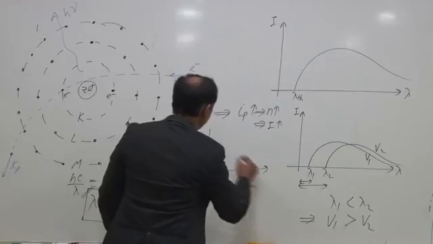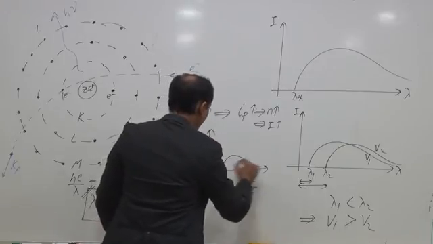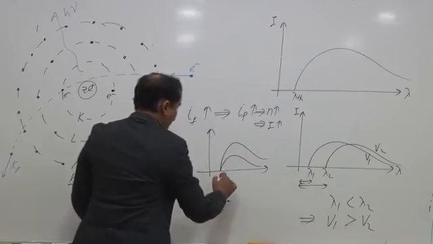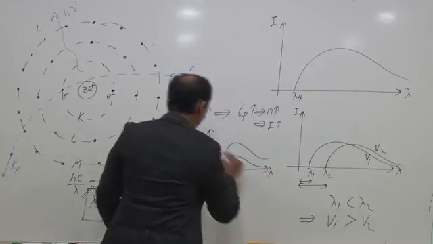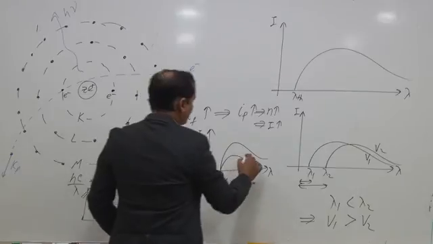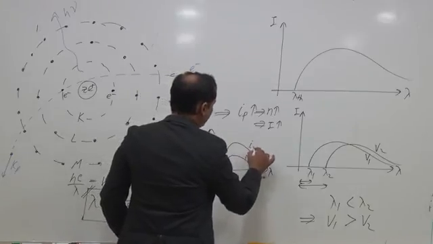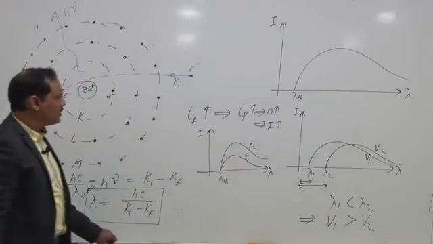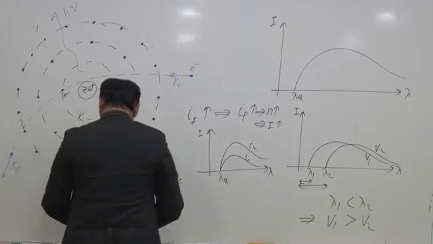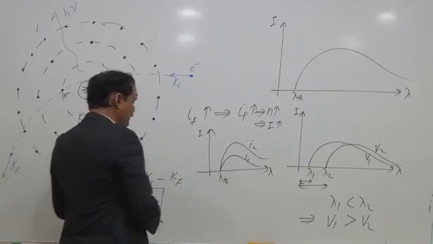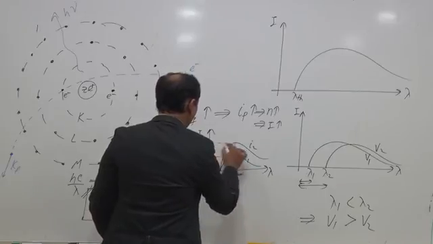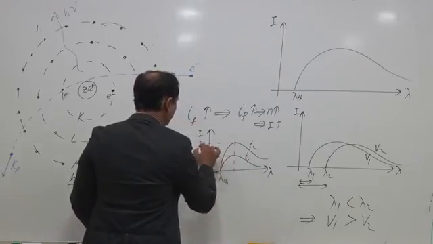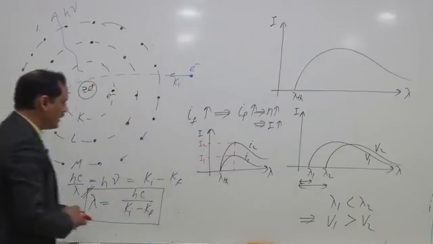So if we change the filament current, if I plot two graphs, this is lambda TH, this is lambda, this is intensity I, this is filament current I1, this is filament current I2. If I consider the peak at a particular wavelength, here the intensity is I1, here the intensity is I2.